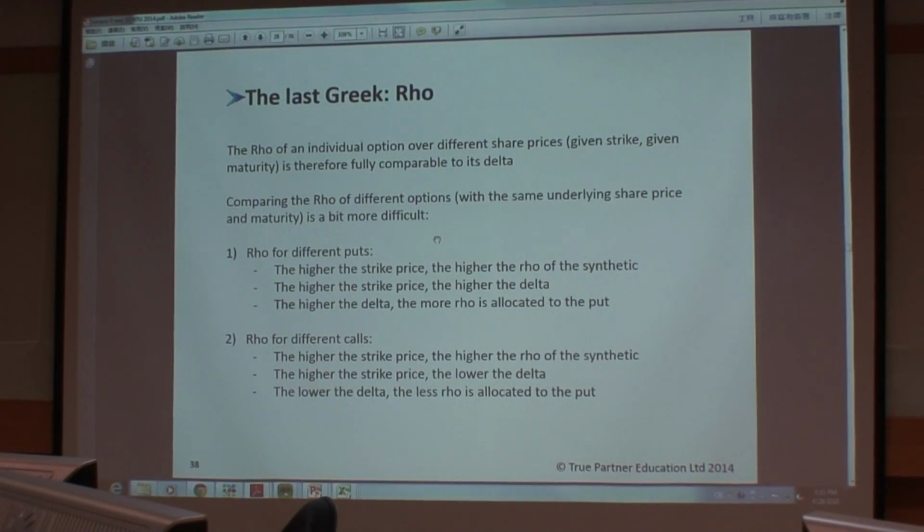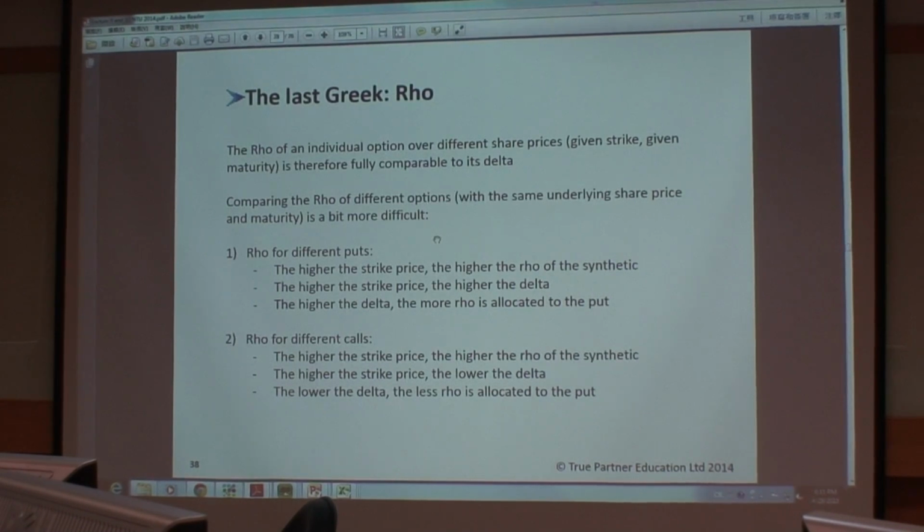So therefore, if I raise my strike, I compare options with different strikes, then a higher strike option having a more negative put delta means that I get even more rho. The effect helps each other. Higher strike, more interest in the synthetic, out of which more flows towards the put.